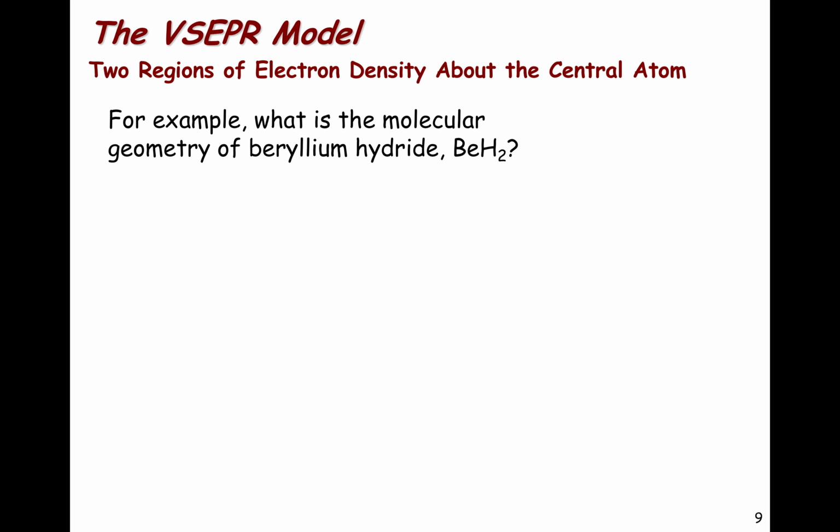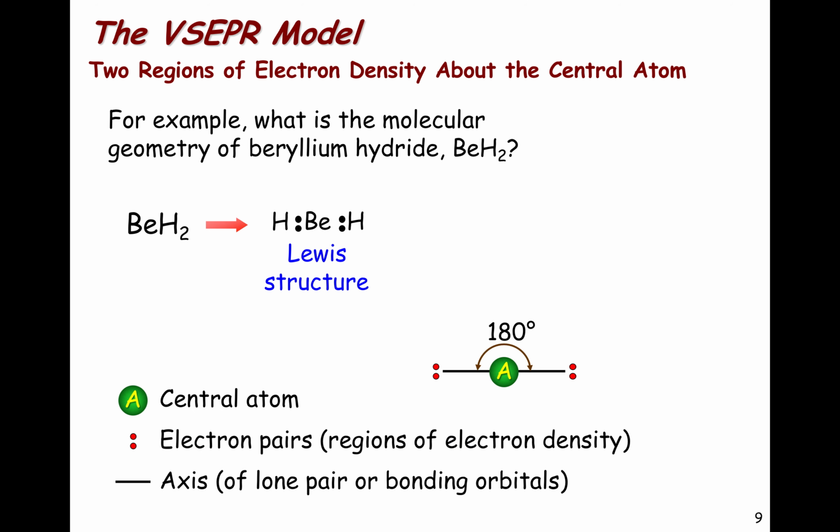As a simple example, we're going to start out with beryllium dihydride. In this particular case, we draw the Lewis dot structure for beryllium dihydride. It happens to be one of the exceptions to the octet rule. So in this particular case, the Lewis dot structure has 2 regions around the central atom, which is the beryllium.